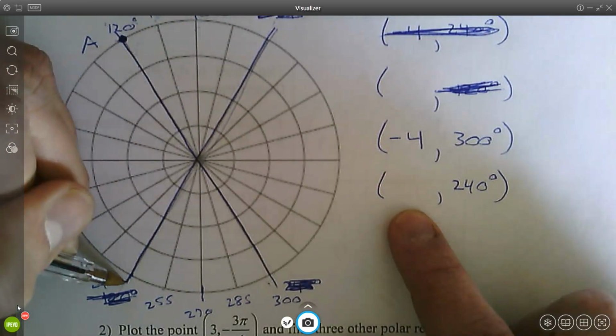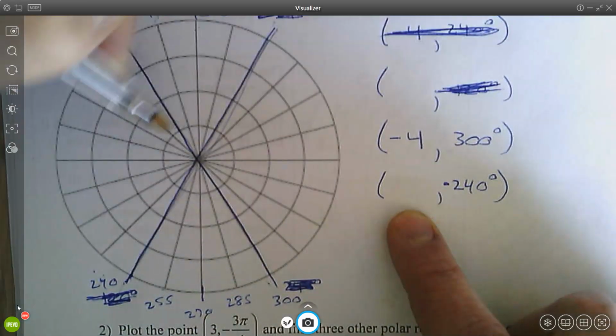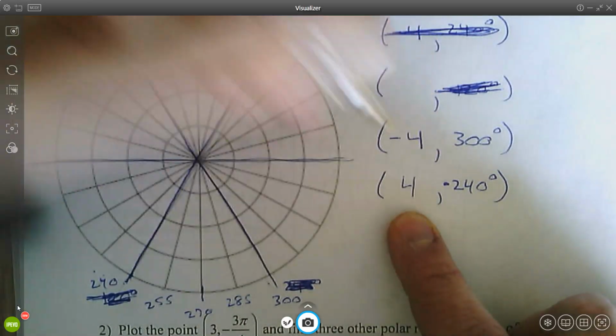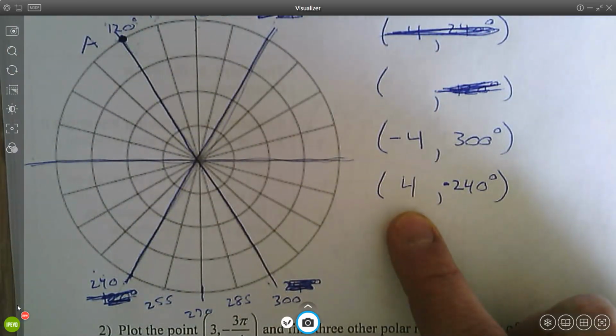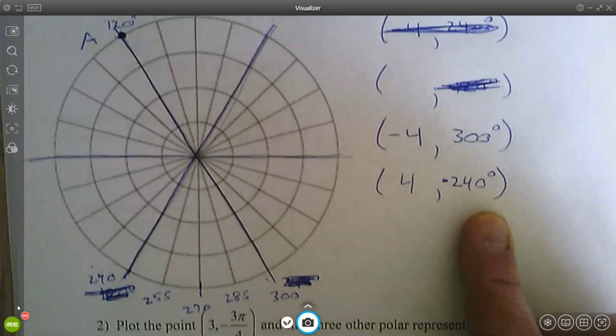That tells you you have to negate the angle. If you negate the angle, you're reflecting over the polar axis, over this line. If you reflect a point that's on the 240 terminal side, it's going to come up here. If it comes up onto this line and it's at the 120, this is going to be a positive value for R. So another representation is 4, -240 degrees.